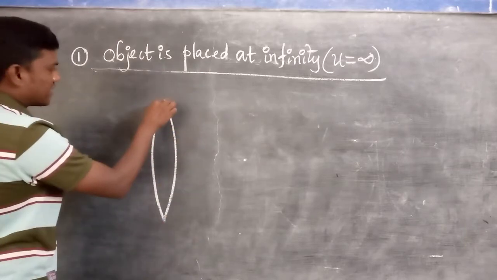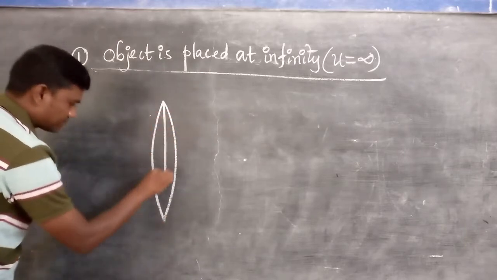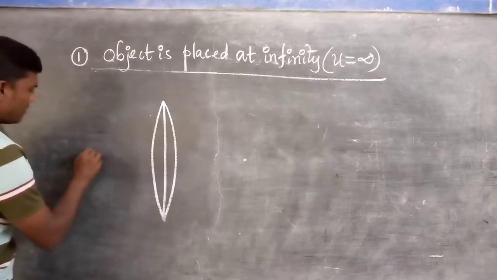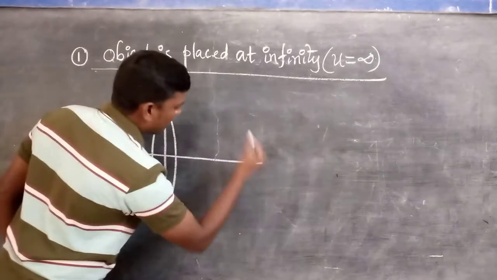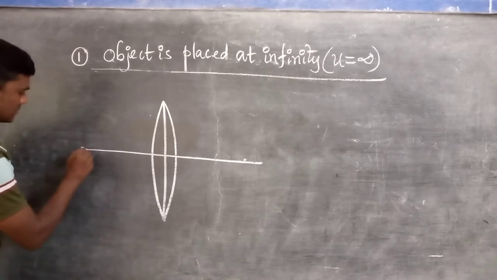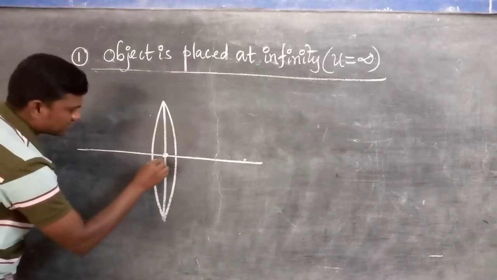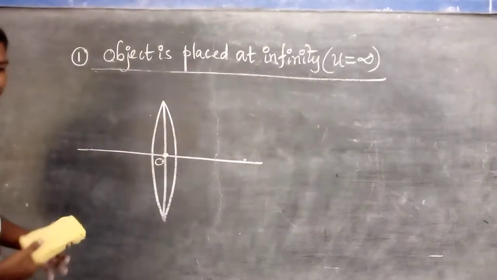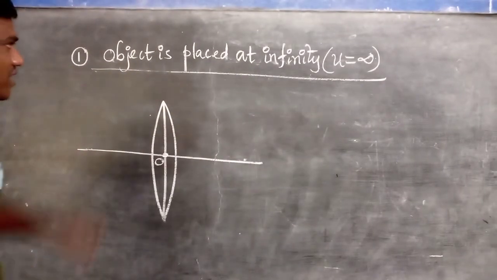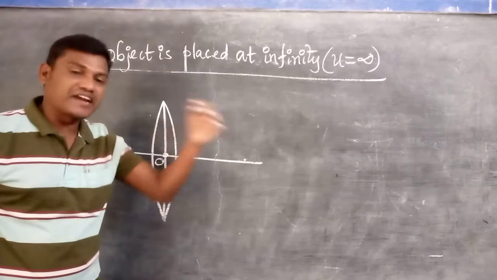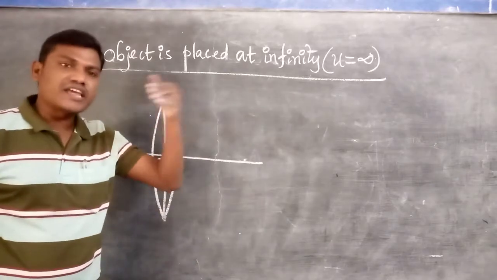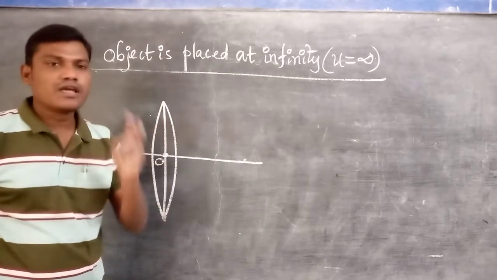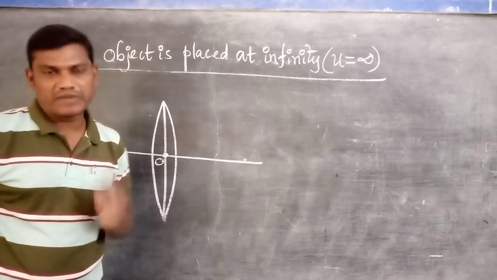We know it is a convex lens. We draw a principal axis, and the optic center O. When drawing any ray diagram, we take two rays mainly.